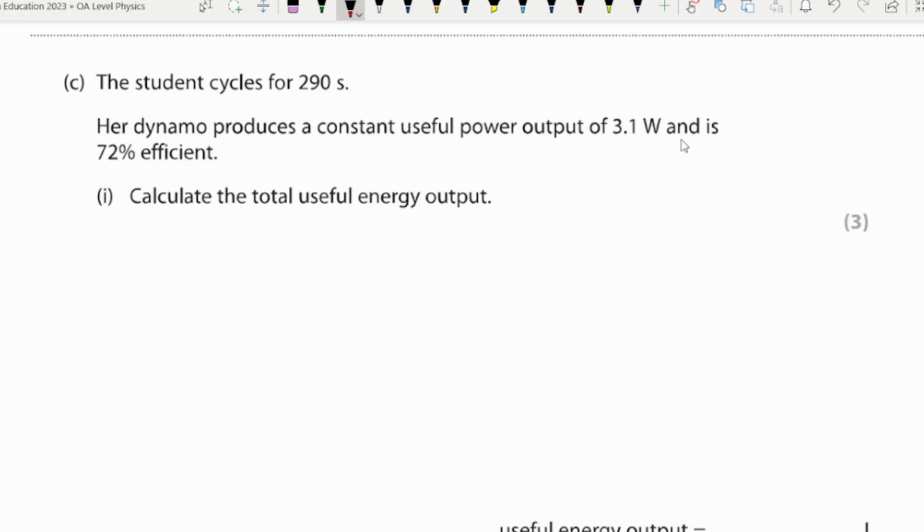The storage cycles for 290 seconds. Okay, this is the total time. The dynamo produces a constant useful output of 3.1 watts and is 72% efficient.